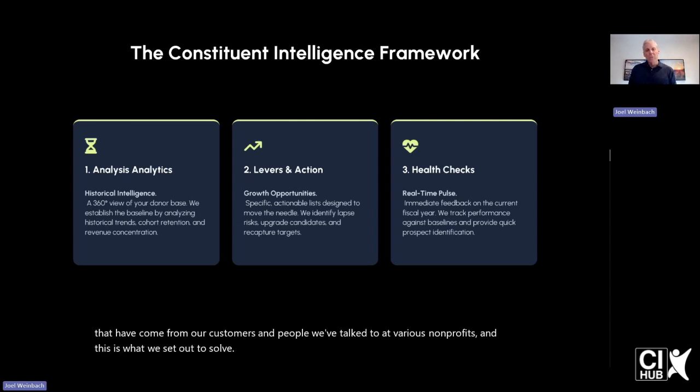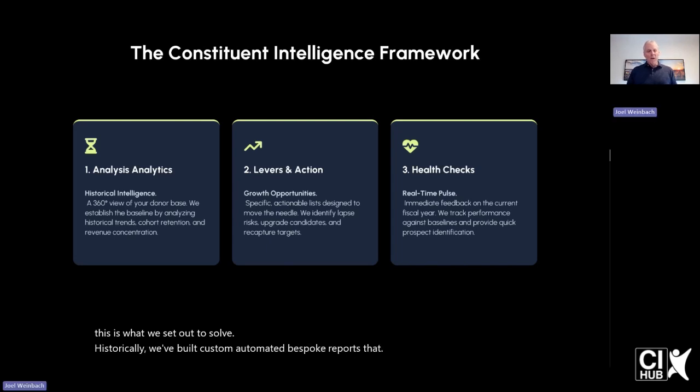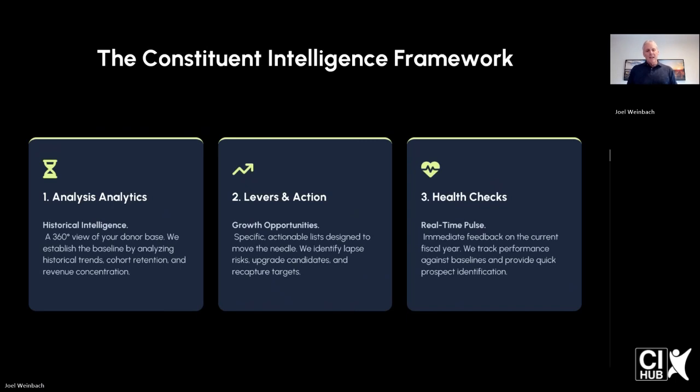Historically, we built custom automated bespoke reports that help organizations see what happened. I call them scorekeeping reports. These are reports that tell you what happened in the past, and we can build those in very custom ways so that you can present them to your board the way you would like, the way they would like to see them.